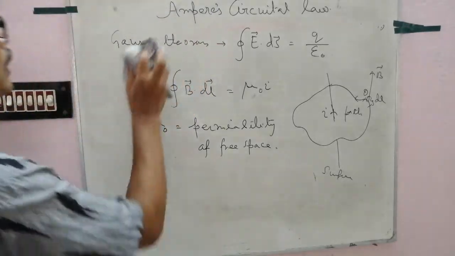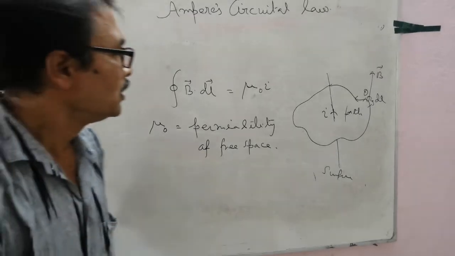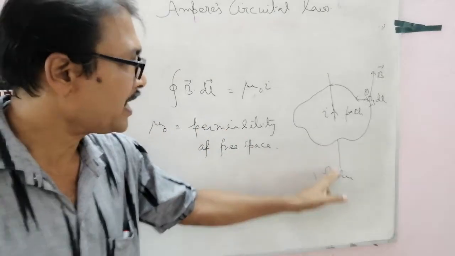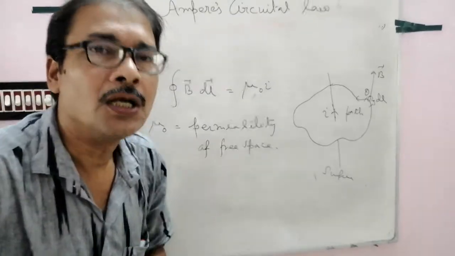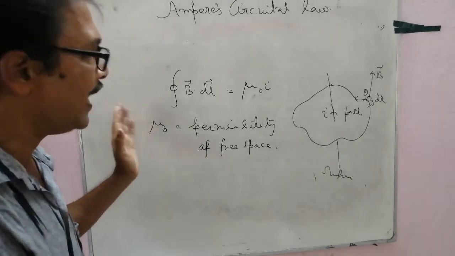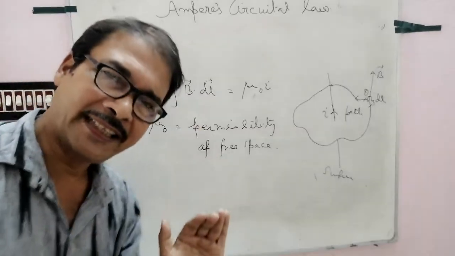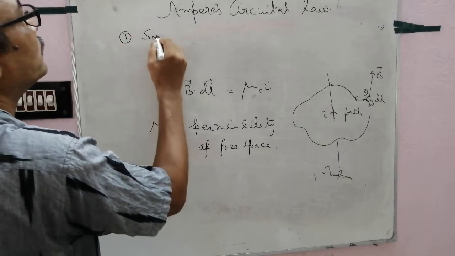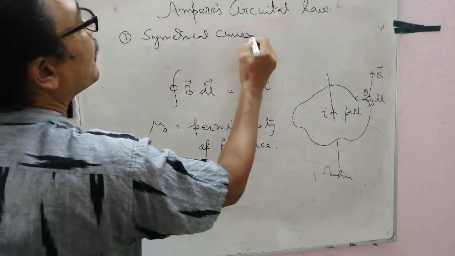Ampere's circuital law. This law is applicable for symmetrical current distribution. Follow, from here to here, in every portion of the wire the same current flows. For symmetrical current distribution, this law is applicable.